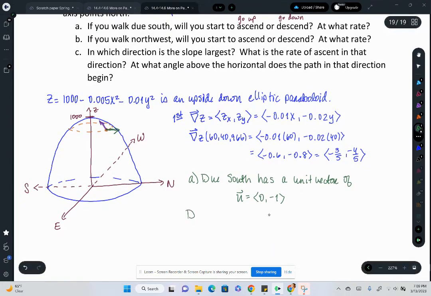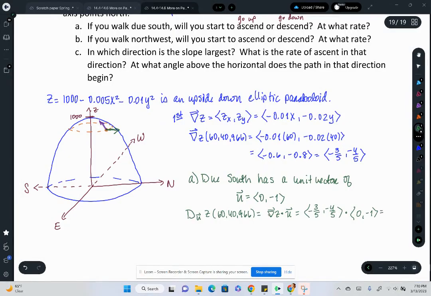Now, the directional derivative in the direction of u of z at (60, 40, 966) is going to equal the dot product of del z and u. So that's the dot product of (-3/5, -4/5) with (0, -1).